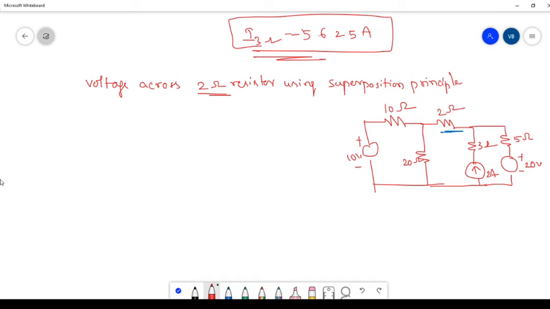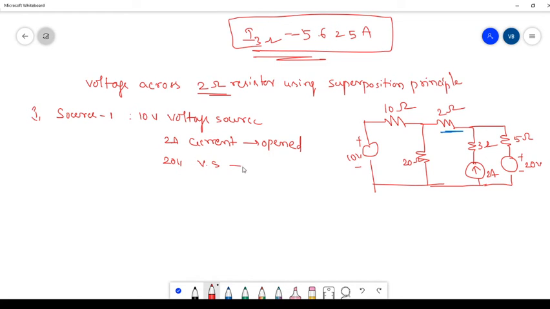First I am taking the calculation of the voltage across the 2 ohms resistor by considering source 1, which is only the 10 volts voltage source. So the 2 amperes current source will be opened, and the 20 volts voltage source will be shorted.